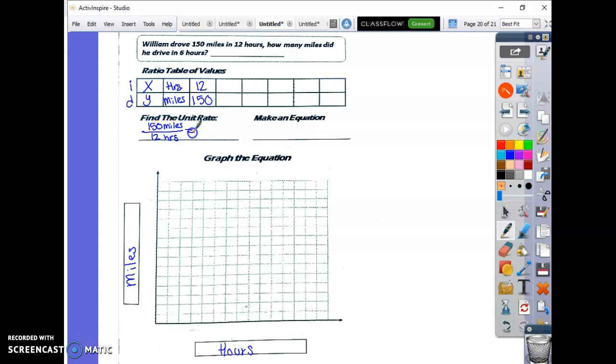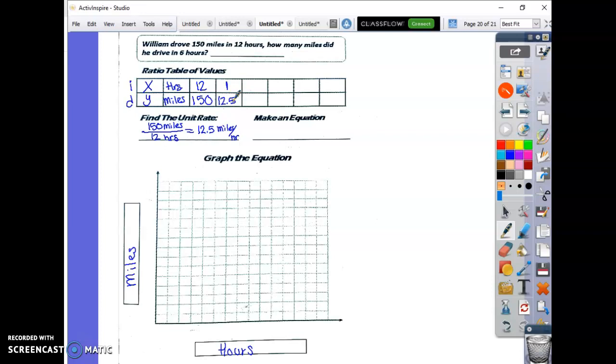You divide your numerator by your denominator, so 150 miles divided by 12 hours. When you do that, you get 12.5 miles per hour, or 12.5 miles per 1 hour. 1 hour gives us 12.5 miles. He goes 12.5 miles in 1 hour. That's a slow, slow drive.